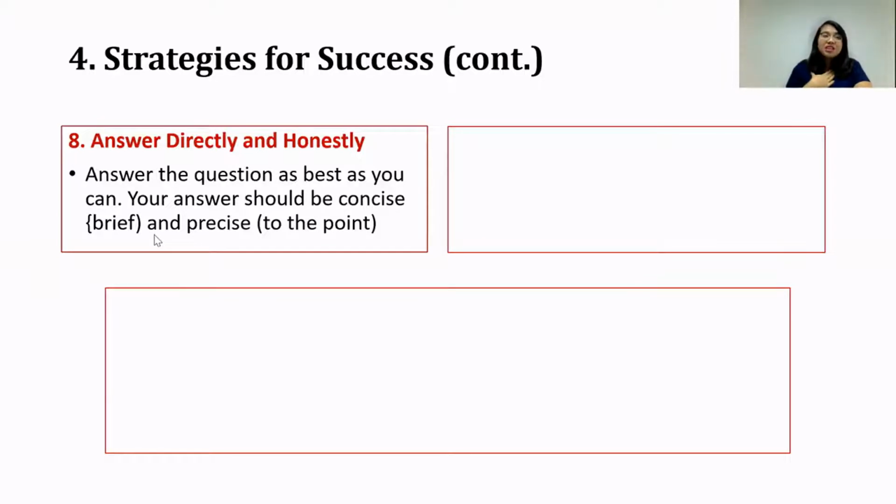And we, as the presenter, the one who answers the question, are also not supposed to provide a rambling or long-winded answer too, because that's not going to be effective. And that can confuse our audience too. So make sure that we answer it in a concise and precise way.